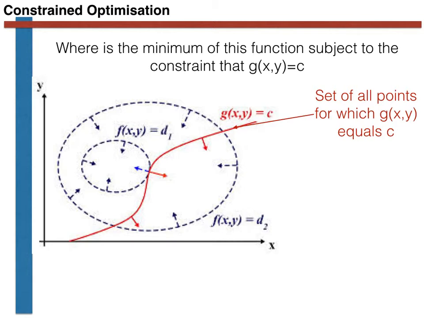Hopefully, you're able to work out that this point is here. We now cannot be in the true minimum of the function f of x and y, a point in the inner smaller contour, because at that point, g of x and y is not equal to c, so we would not be satisfying the constraint.